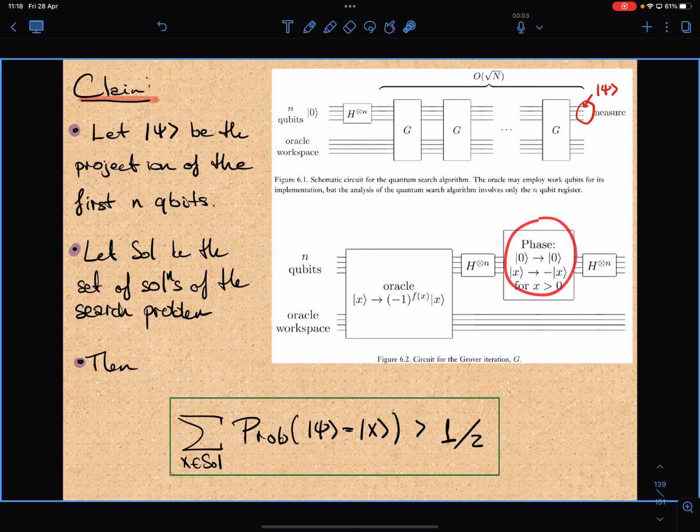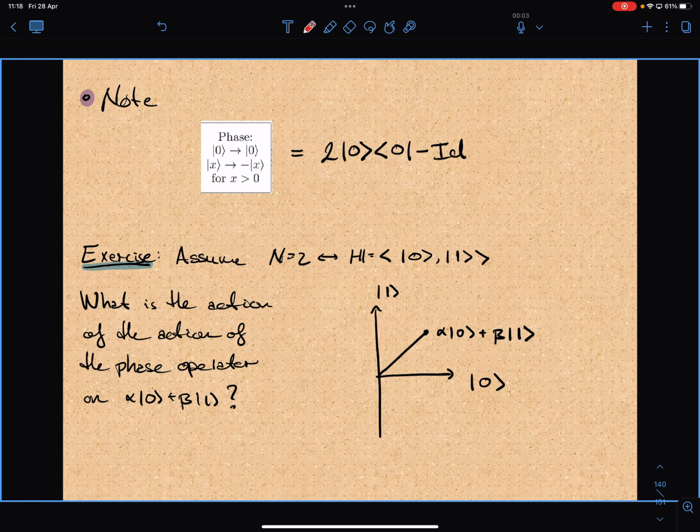First I'm going to look at this, then this, and then this, and then I'm going to look at everything together. So we'll start going through the action of each component. But again, this part here is the Grover iteration, G.